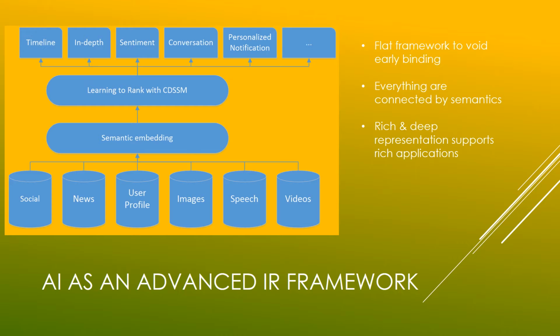Then we can empower applications based on those rich distances from the deep structured hierarchies. We can accurately calculate timelines, in-depth coverage, sub-intent, sentiment, conversations, and get personalized notifications. So that's really a new framework that enables disruptive new experiences, in my mind.